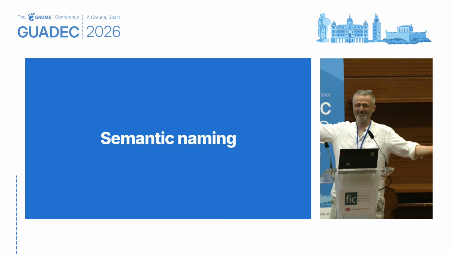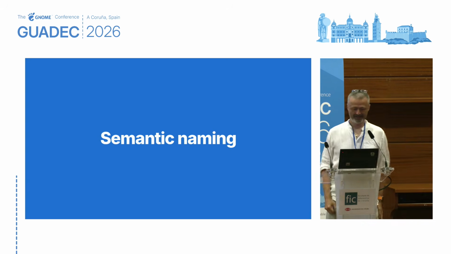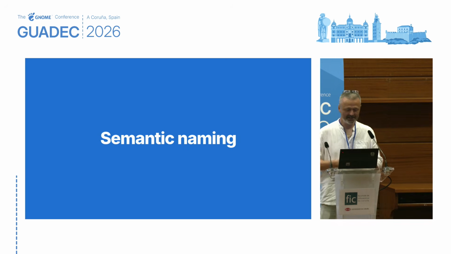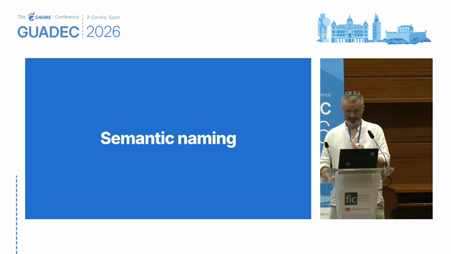Well, I found a thing where even adding new things is very hard, and that's semantic naming. You don't name your icons describing what's on them. You name them according to the function that they're supposed to be communicating.